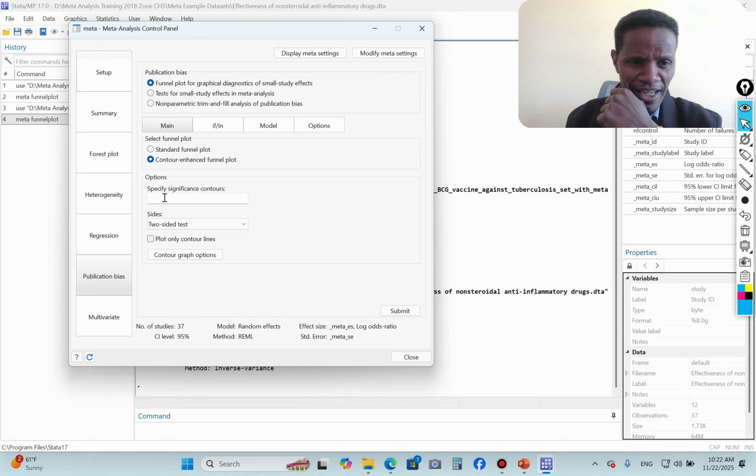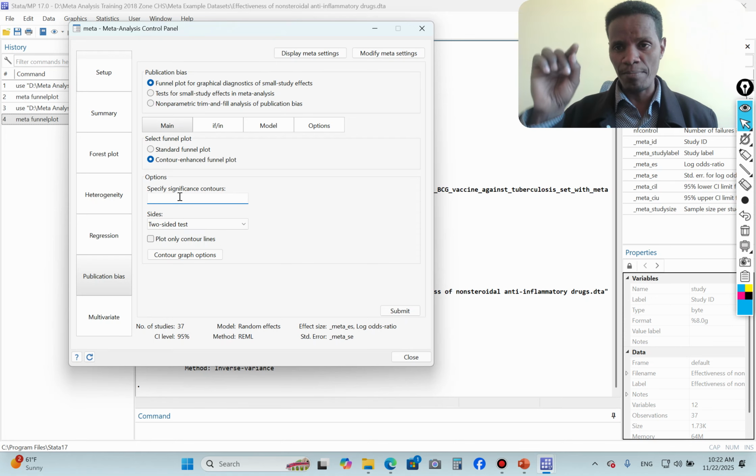Contour-enhanced funnel plot, and again, I need to specify significance contours, or levels of significance, in the box given over here: 1%, 5%, and 10%.